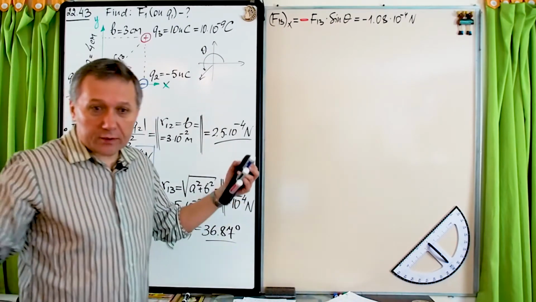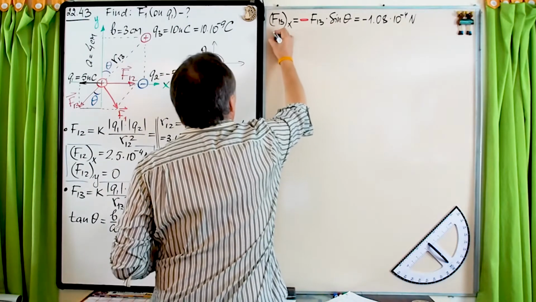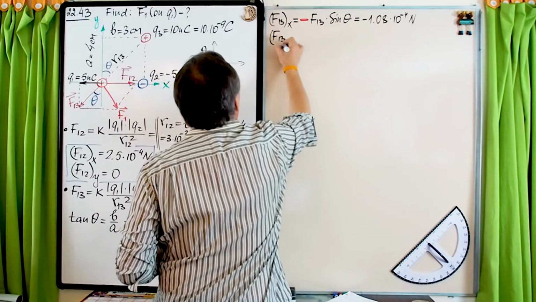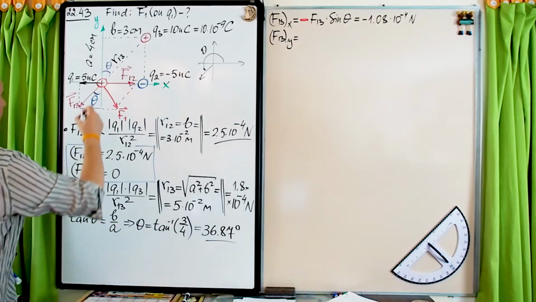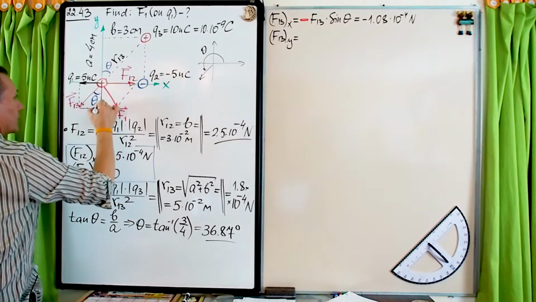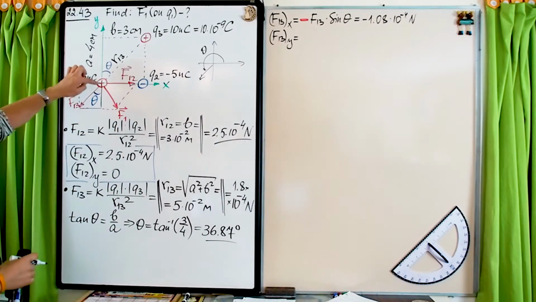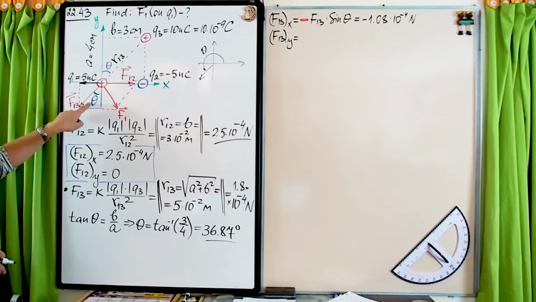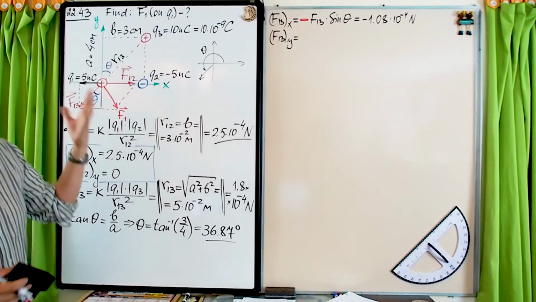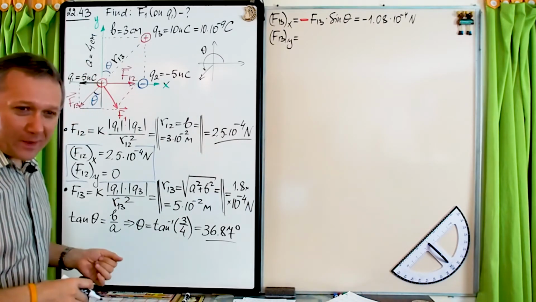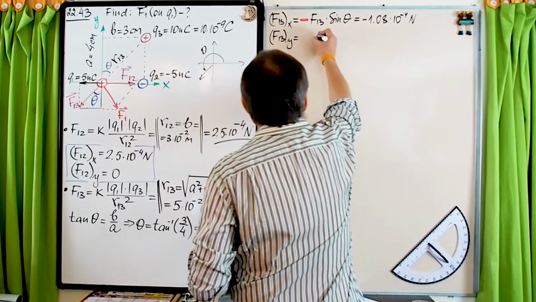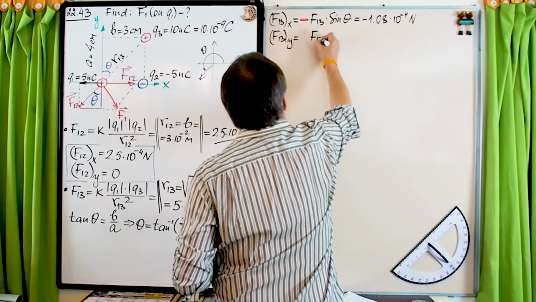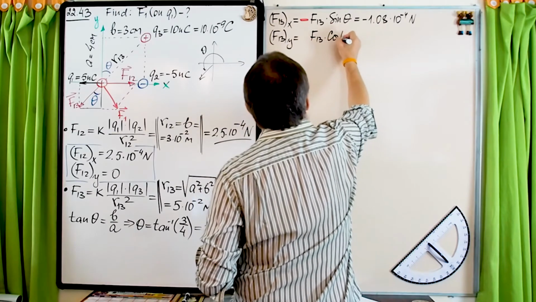Okay, let's find the y component, F13y. The y component is this side, which is adjacent to the angle I decided to use. In order to find the adjacent side, we need to use the cosine function: F13 times cosine theta.